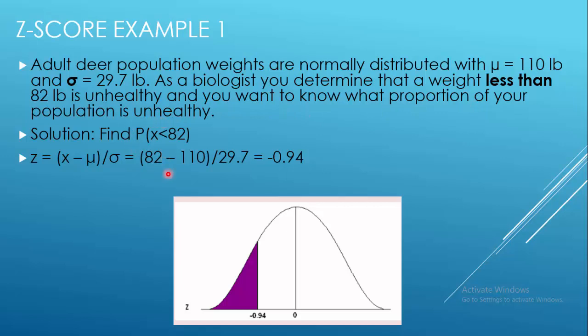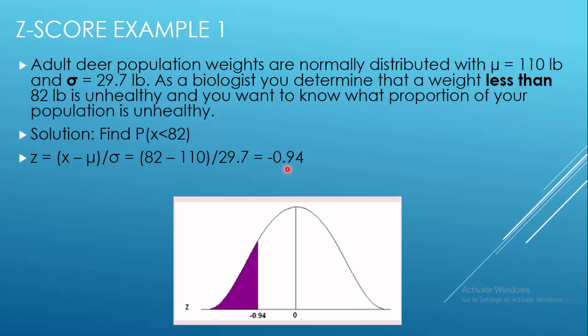So we want to find the cumulative probability less than 82. First we convert 82 into a z-score using the formula z equals x minus mu divided by sigma. With x equal to 82, mu equal to 110, and sigma equal to 29.7, we get minus 0.94.